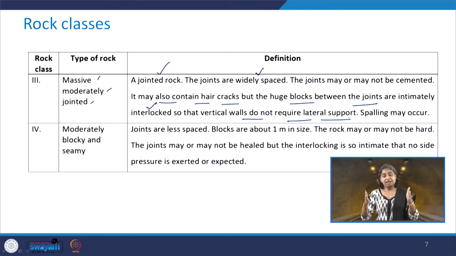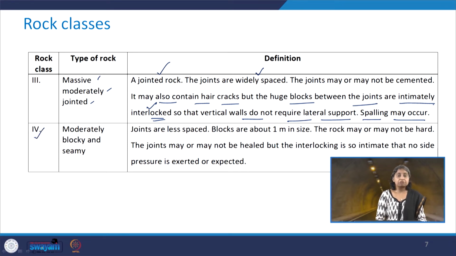So as far as the side walls are concerned, they may not require any lateral support because the joints are intimately interlocked. In this case, spalling may occur.